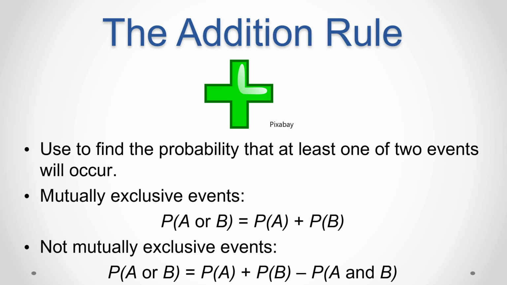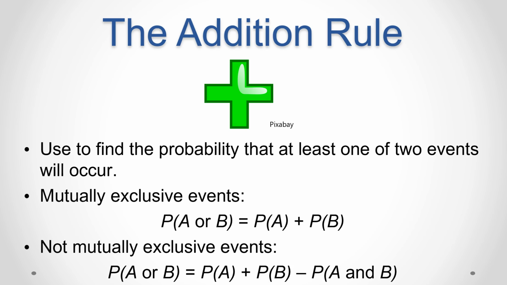So let's calculate the probability of the event A equal to drawing a king. A standard deck of cards has 4 kings, so the probability of drawing a king is equal to 4 out of 52, which is equal to 0.0769.